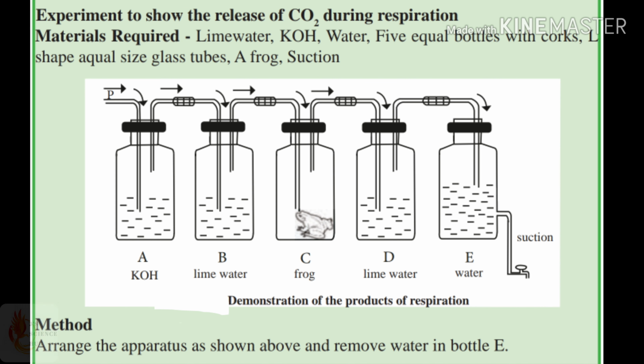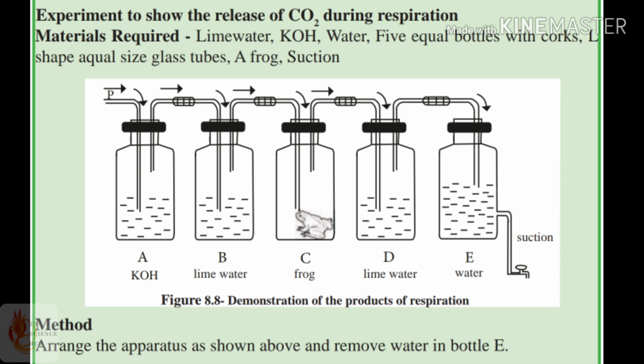So the lime water in vessel B is not changed into milky white, but in D the lime water turns milky white. So it shows that carbon dioxide is dissolved in lime water. The only possible way carbon dioxide can reach this closed setup is from vessel C, where the living frog is.